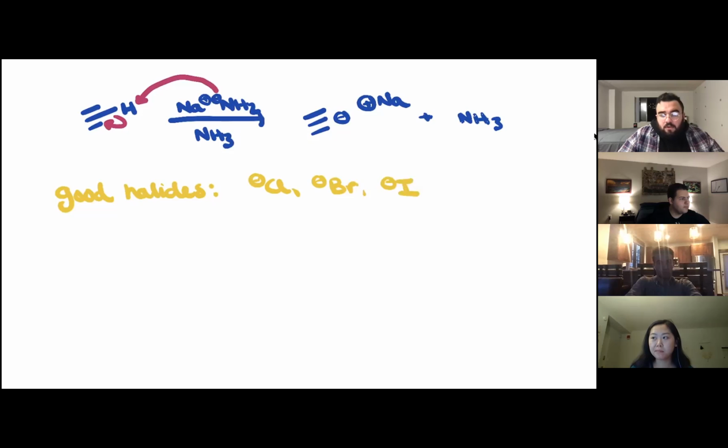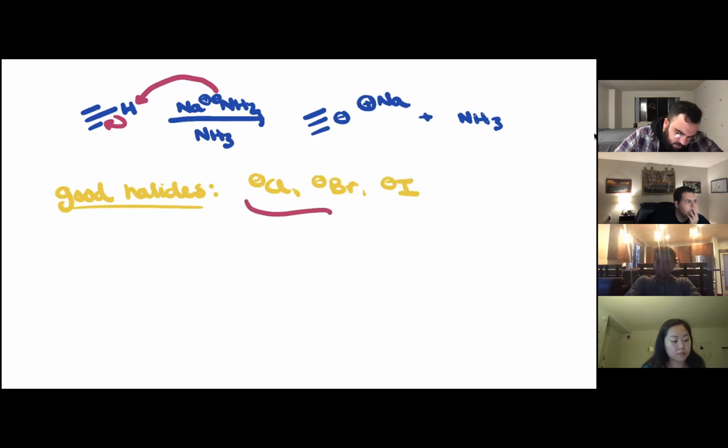Okay, fluorides are not really seen here. They're not good at what we call leaving groups because fluorides are very, very basic. Think about acid-base reactions, where it's very similar to the concepts that drive these to completion, right? So we call these guys here good leaving groups.